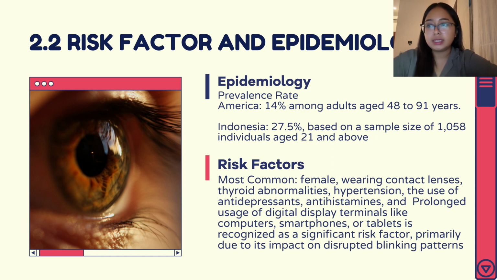In Indonesia itself, the prevalence is approximately 27.5% based on a sample size of 158 individuals aged 21 and above. Meanwhile, for the risk factors, the most common are being female, wearing contact lenses, thyroid abnormalities, hypertension, the use of antidepressants, antihistamines, and prolonged usage of digital display terminals like computers, smartphones, and tablets, which is recognized as a significant risk factor, primarily due to its impact on disturbed blinking patterns.